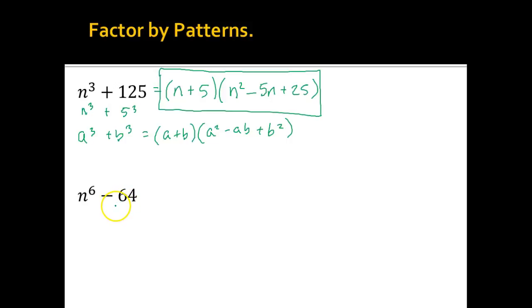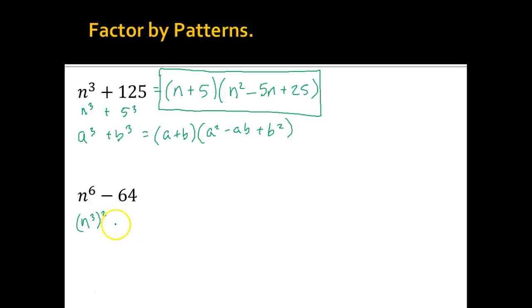Since we just did the sum of cubes, you might recognize this as a difference of cubes. But before we do that, let's recognize it as a difference of squares. So that's what should first pop into our minds. N to the 6th power minus 64, are those perfect squares? Well, the exponent on n is even, so we can write it as n to the 3rd power squared.